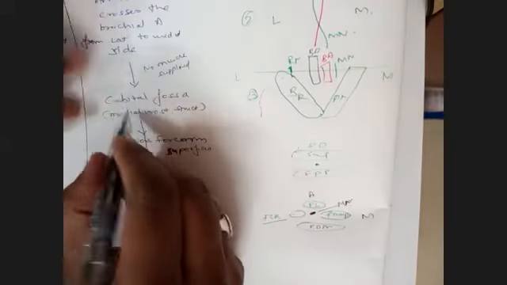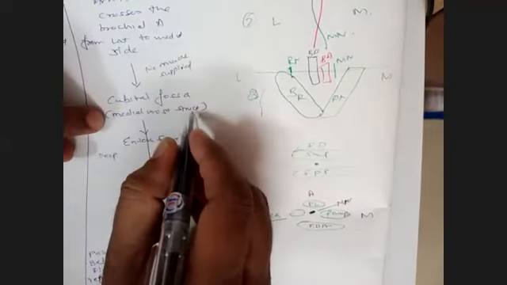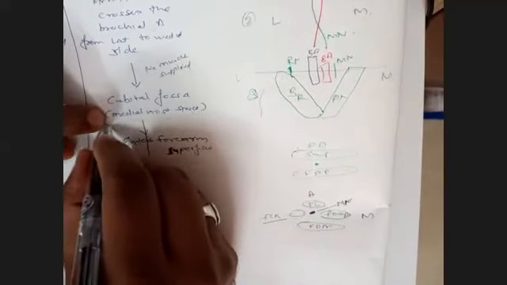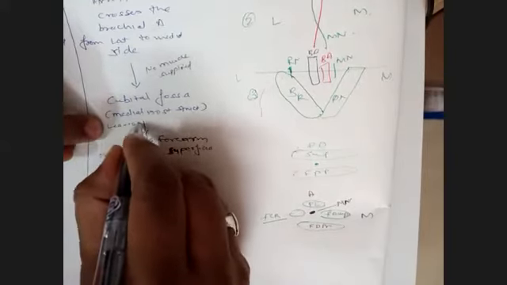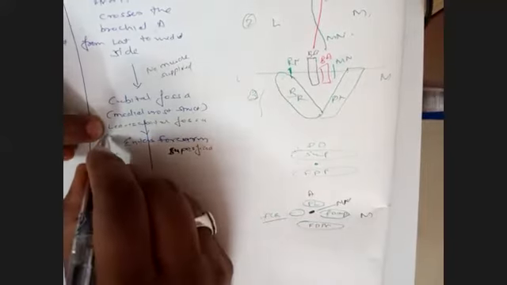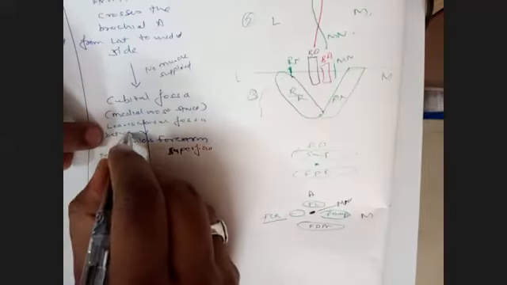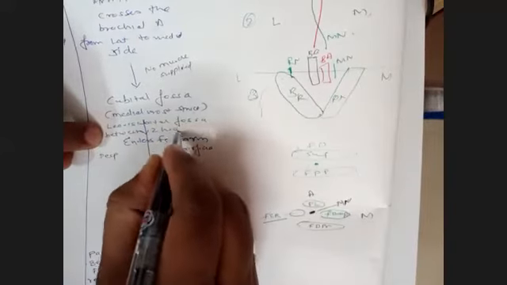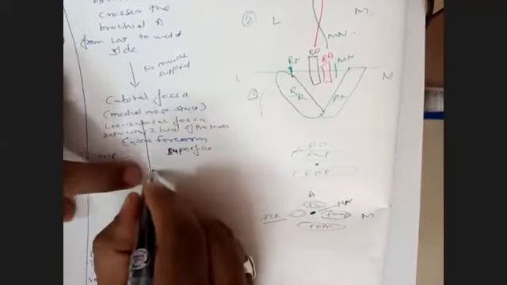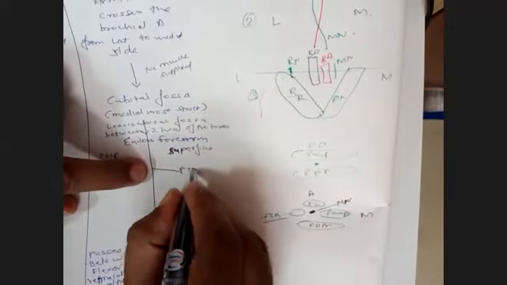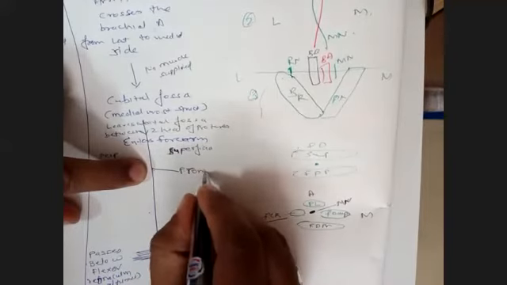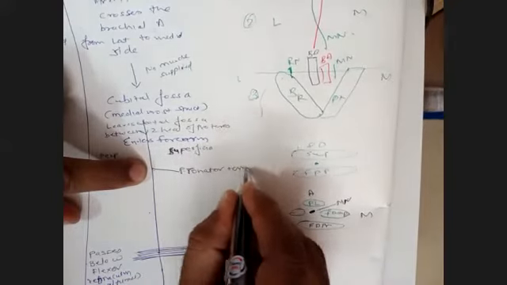So when we studied the cubital fossa, we said median nerve is there, medial most structure, and actually it leaves the cubital fossa by passing between 2 heads of pronator teres. So it supplies pronator teres.